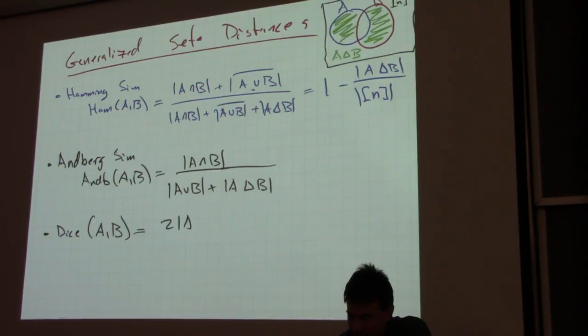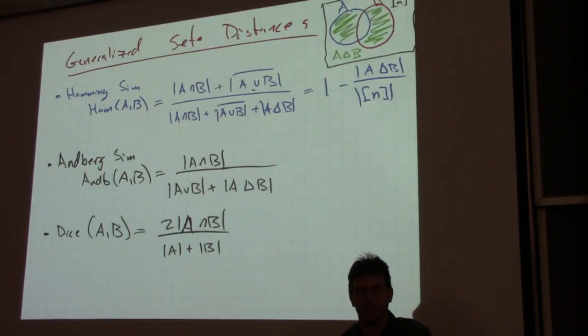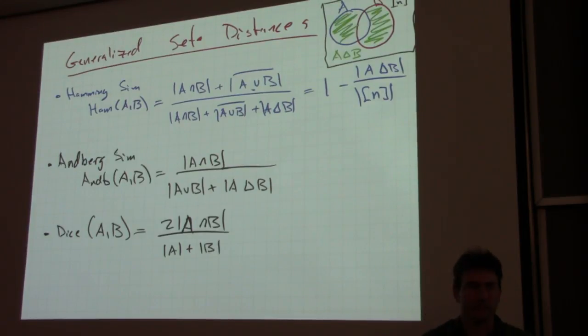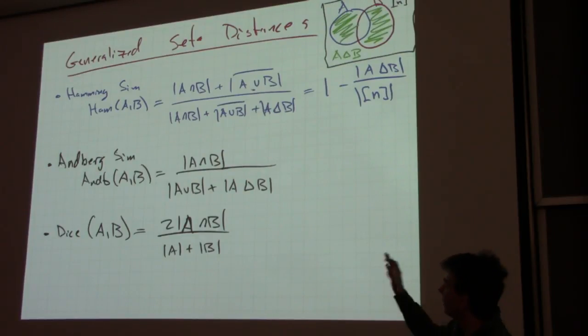This is defined as twice A intersection B divided by the size of A plus the size of B. In some contexts, this is the default measure of similarity between two sets.